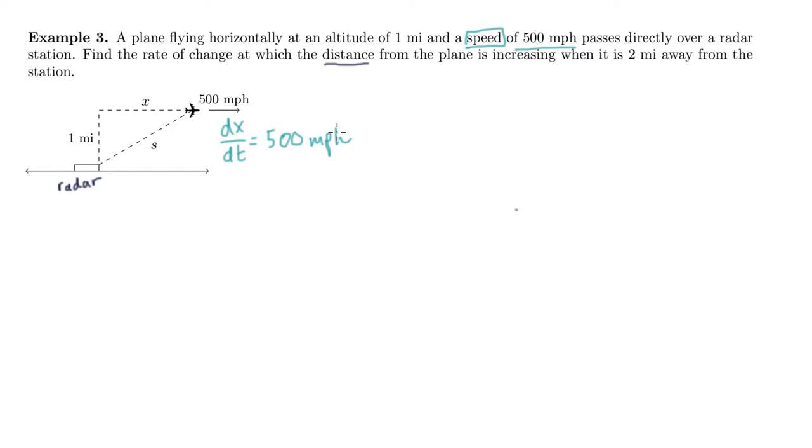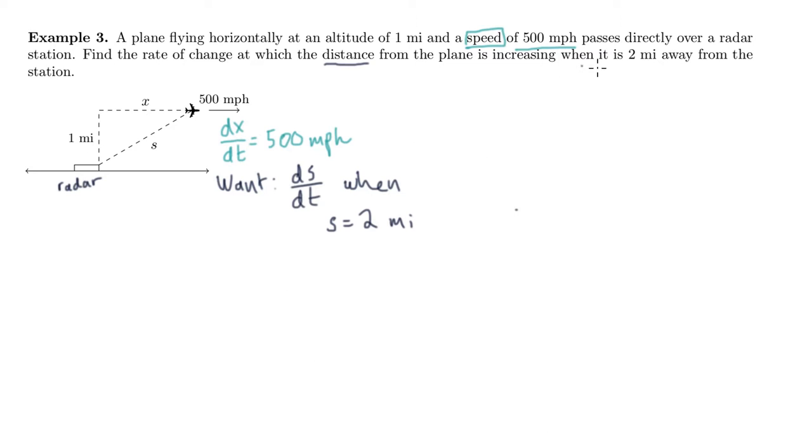Alrighty. Now we want the rate of change at which the distance from the plane is increasing. And now here this distance means the distance from the radar station to the plane. So we want to know ds/dt, the rate of change of the distance from the radar station to the plane, when s equals 2 miles.